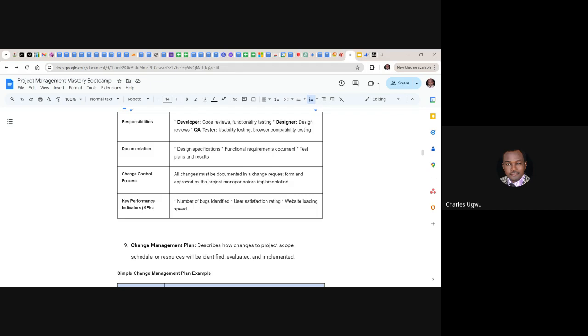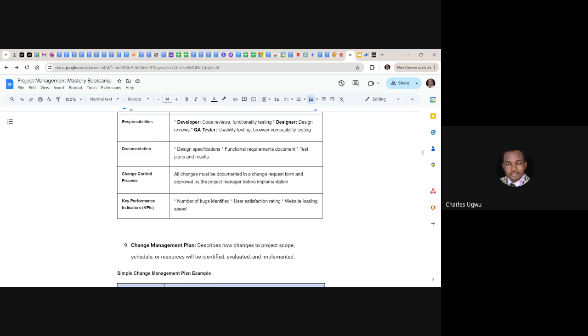Between 1 to 5 seconds is very high, and from 5 seconds up is low. So if you test the loading of the site on all the key devices, like mobile phone and desktop, and the loading speed is very low, then it means the performance in terms of website loading is poor.